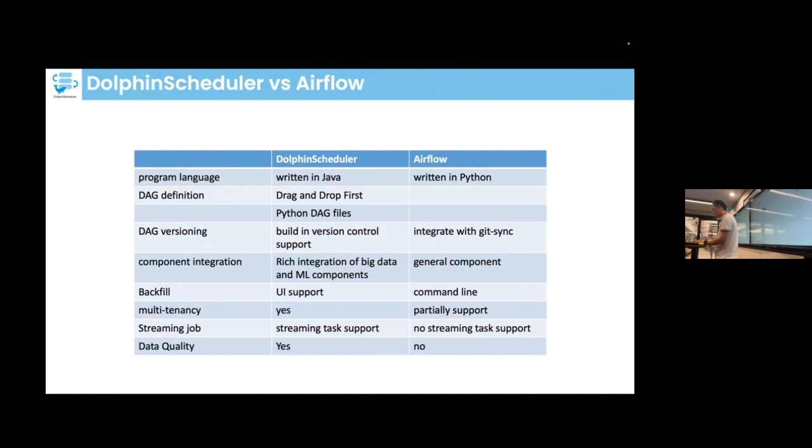After creating a workflow, let me create a new one. You can check the task types, and then you can create a node. Here I create a shell task, and then you can create more tasks.